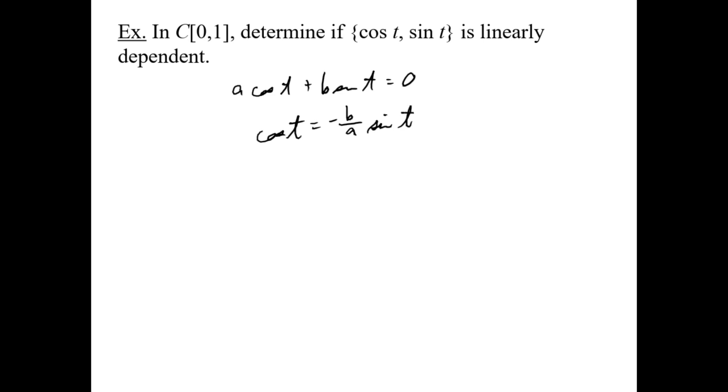That is certainly true for some values of t, but not for all. We want to know, is there some relationship where this is true no matter what t we pick? So for that reason, this is linearly independent. There is no dependence relation, or more specifically, because there are only 2 functions, one of them is not a constant times the other. That's the only way they could be dependent.